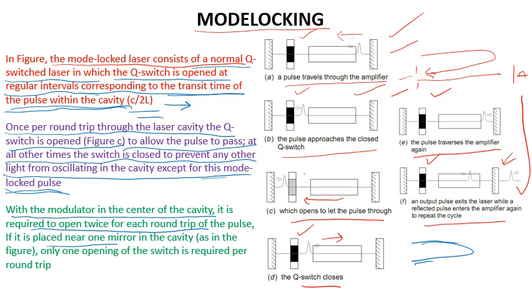If it is placed near one mirror in the cavity, as in the figure here, only one opening of the switch is required per round trip. It can be two mirrors as well, that is also possible. Here the switch is opened only one time per round trip of the pulse.